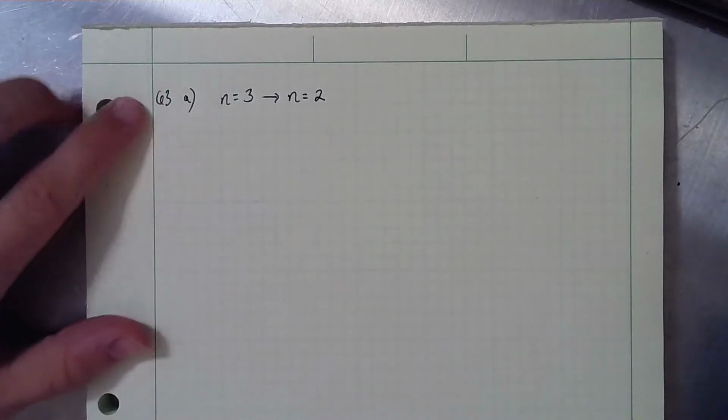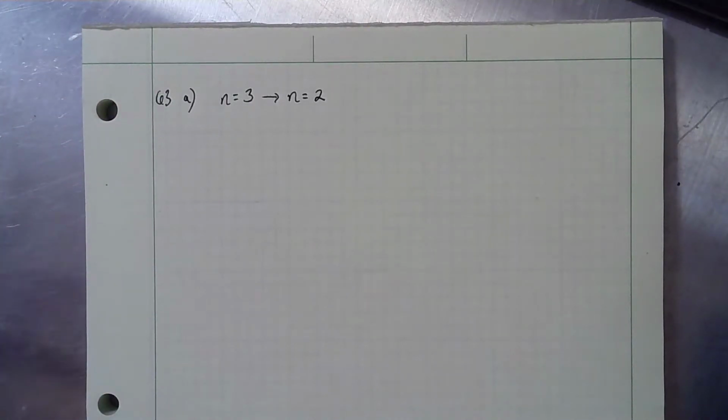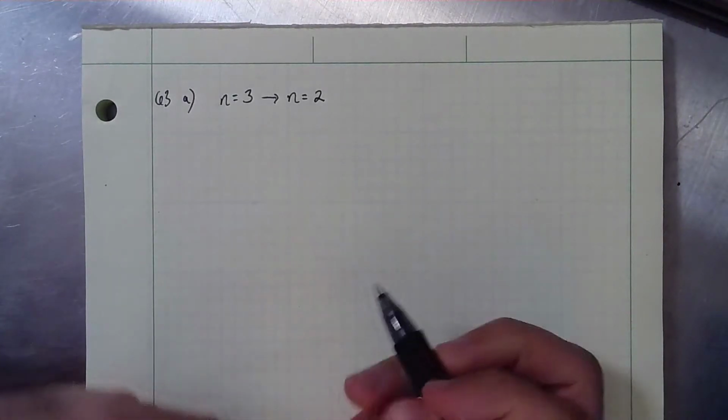This problem is in a section in the book titled Bohr model problems, so this is using the assumptions of the Bohr model, and I ask you to do a few problems from that section. What you'll see on that page in the book and throughout the chapter, specifically in the spaces that are talking about the Bohr model, is this type of diagram.